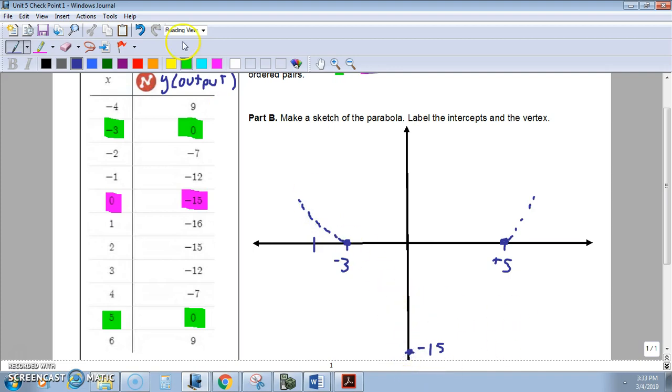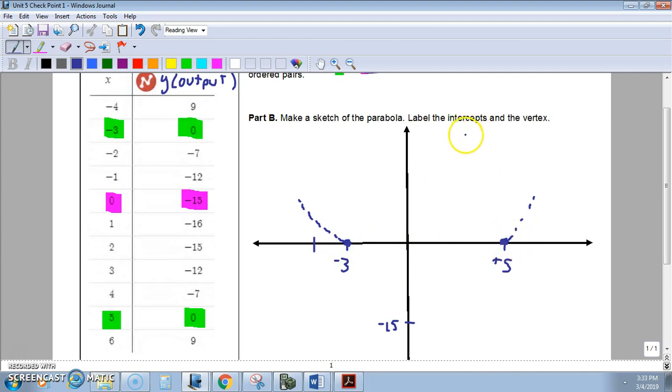Now actually I'm going to redraw that -15, because that -15 is not our lowest point. It is just our y-intercept. So I'm going to make that here, because I don't know yet what our vertex is. I don't know yet what our lowest point is going to be. But I do know that the x value is going to be directly in between -3 and 5.